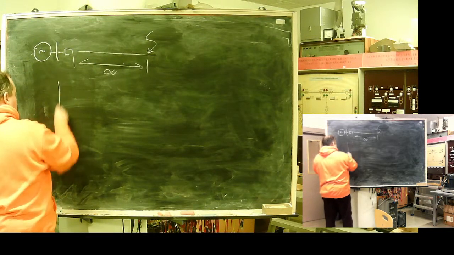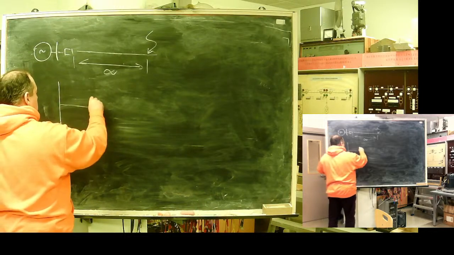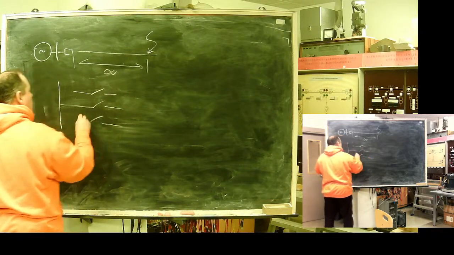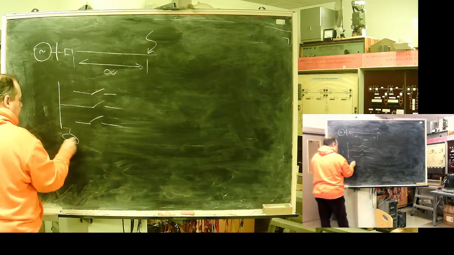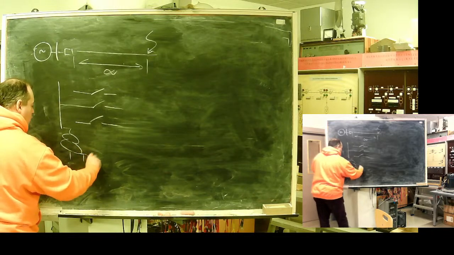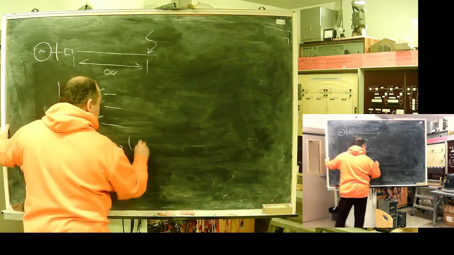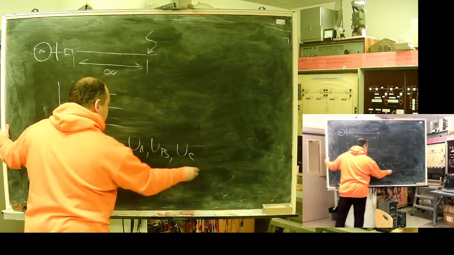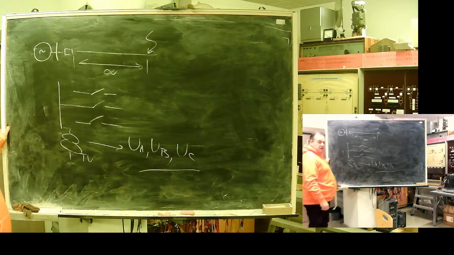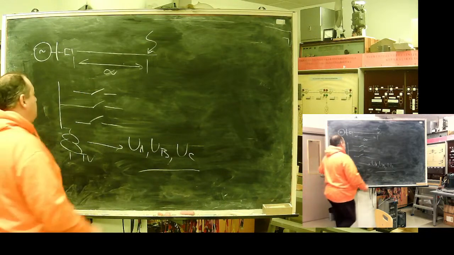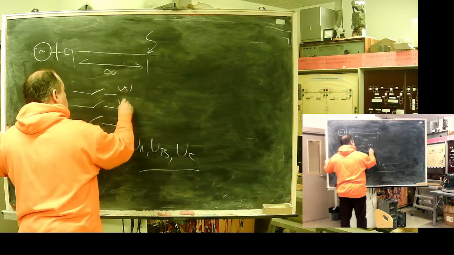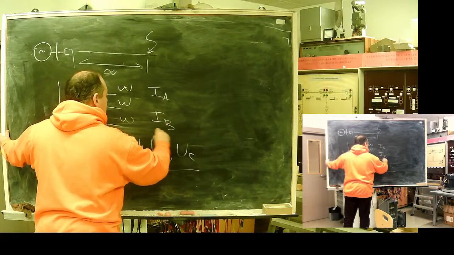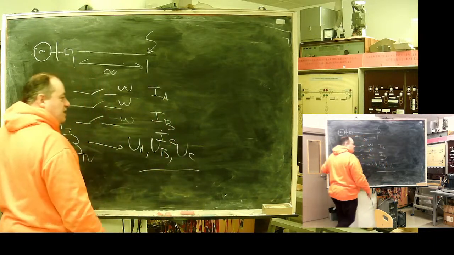We have our bus, poles of the switch. Here we have a voltage transformer. We will have A, B and C phase voltages starting from this. And we will have A, B and C phase currents.